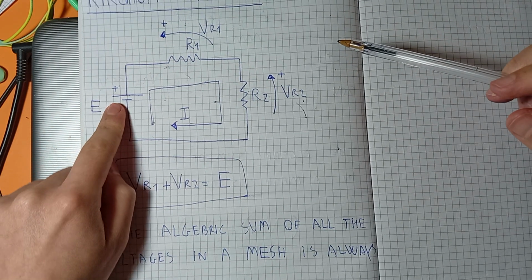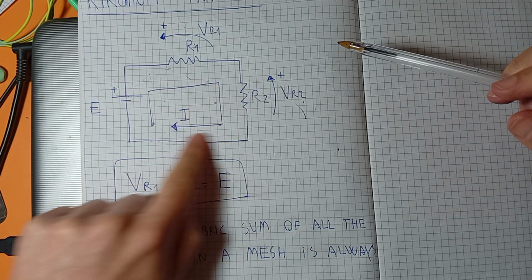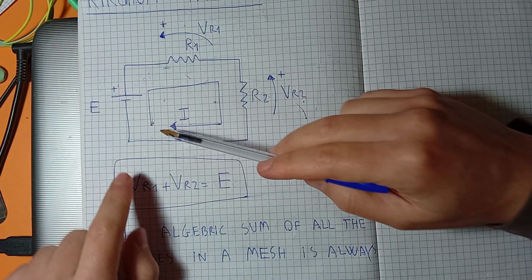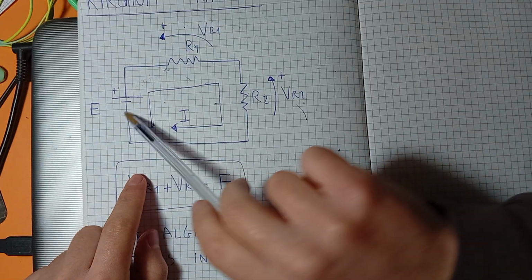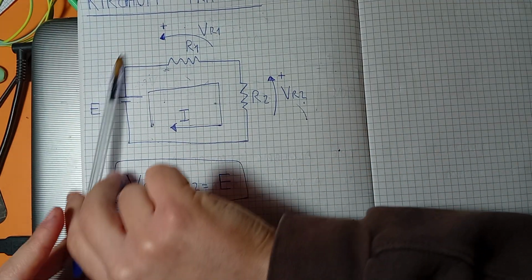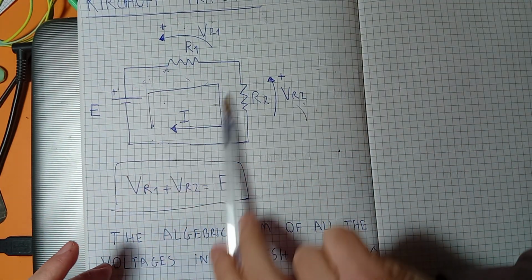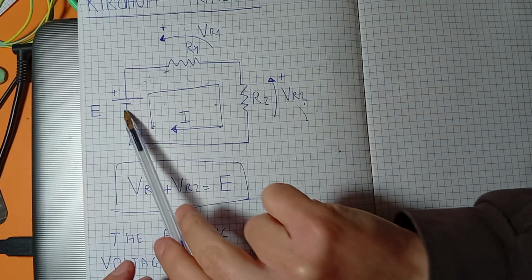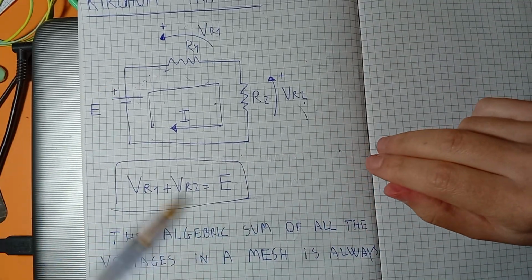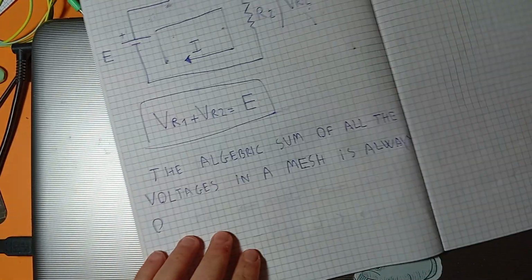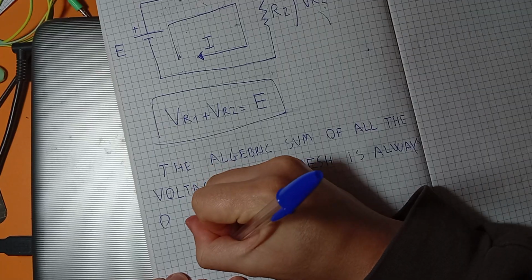So this voltage is oriented in the same direction as the current. The current direction is this, and this voltage orientation is this. So it's the same orientation as the current, and it will be positive in the Kirchhoff equation. I'll write this.